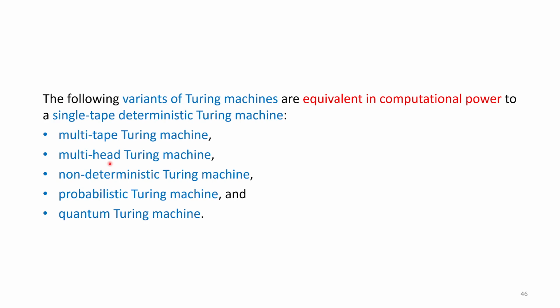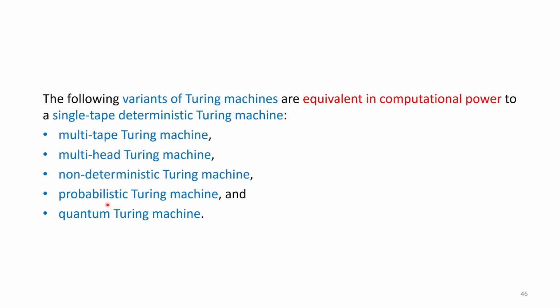Think how useful that would be for some of the languages that we've been looking at, like checking to see if two substrings are the same. We've had to scan back and forth to do that. We could just have two heads that move in lockstep on the two sequences we're trying to look at. Ooh, that would be so much more helpful. Turns out that's equal in power as well, so that's something we can use.